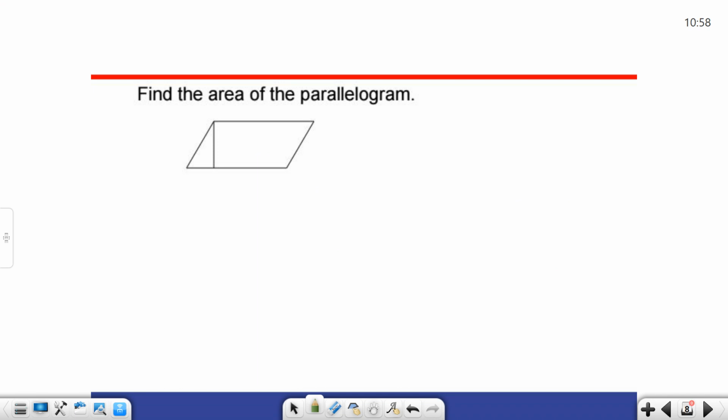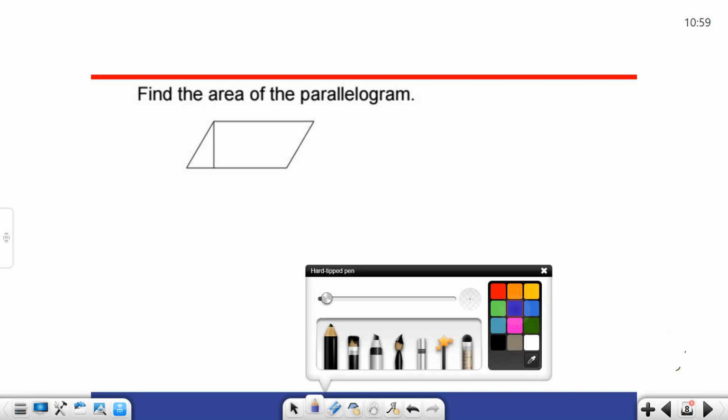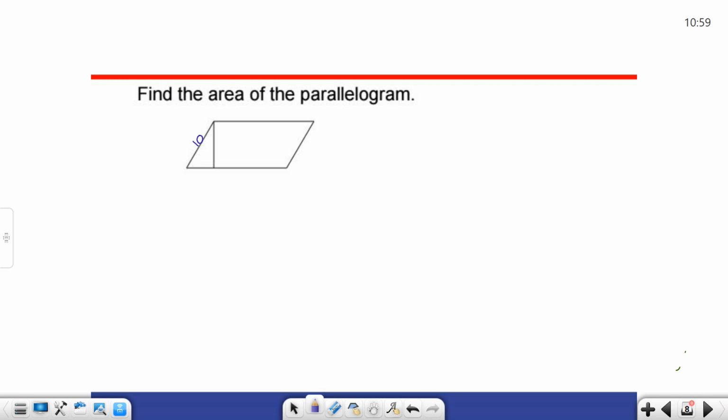This one wants you to find the area of the parallelogram. Okay, so let me put the values in there. There we go. This value it's given you is 10, and this value is 18, and this value is 6.